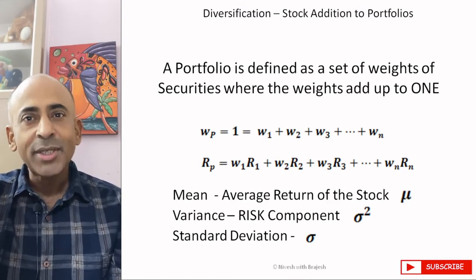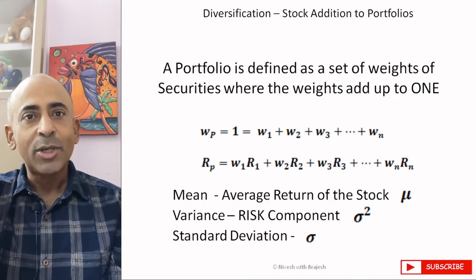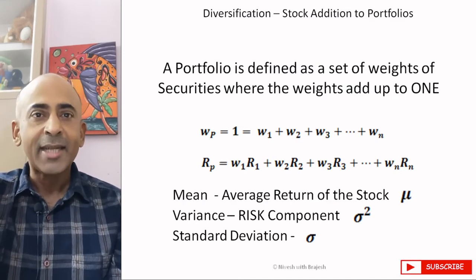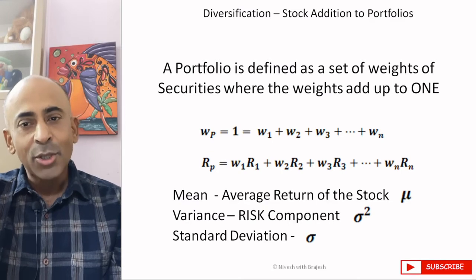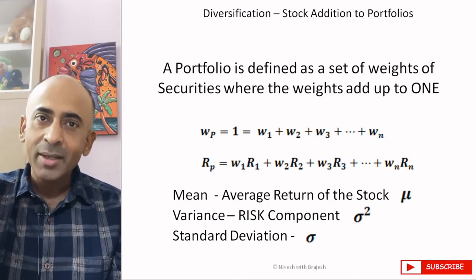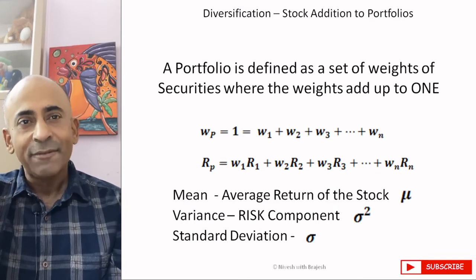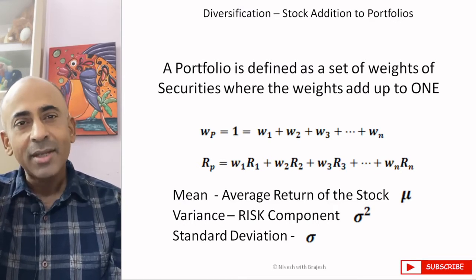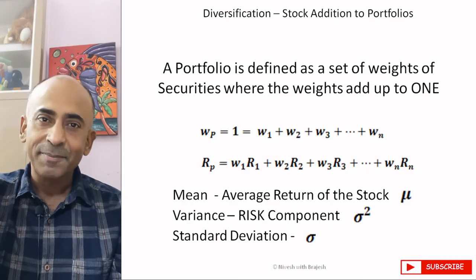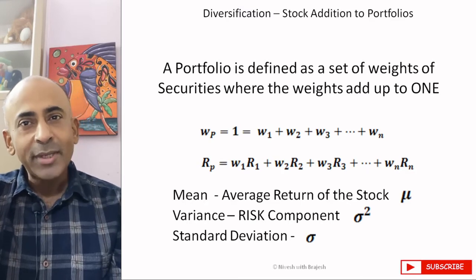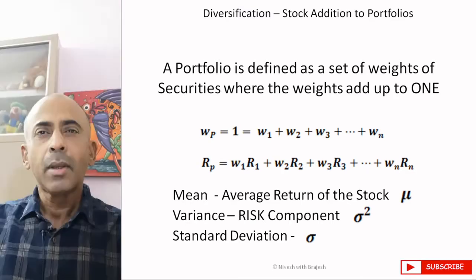And standard deviation is the risk, which is equal to the square root of the variance and is denoted by sigma. So variance is sigma squared and sigma equals the standard deviation. Basically, standard deviation is the square root of variance. And a portfolio just means a group of stocks.